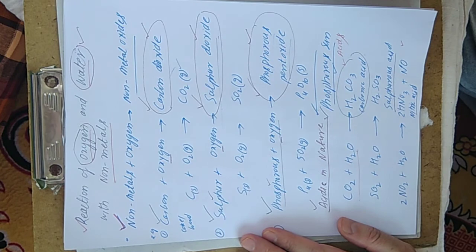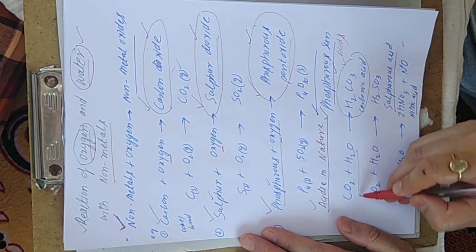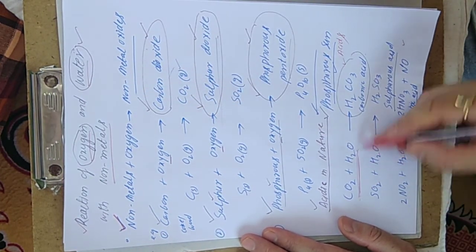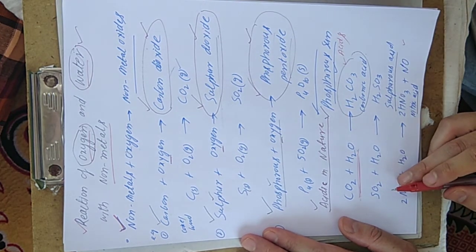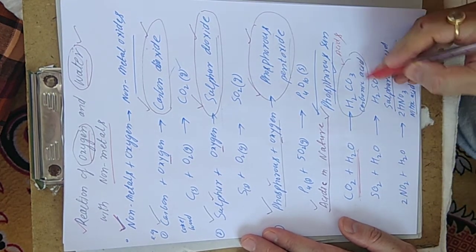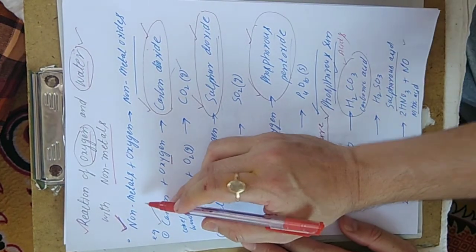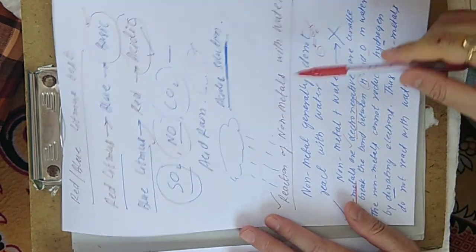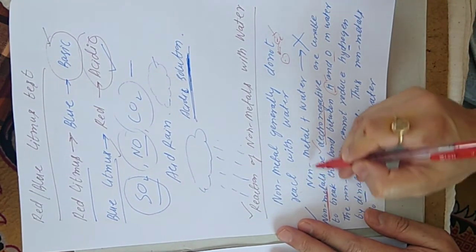And then we saw that these non-metal oxides, when they react with water, form acids. Then we saw the carbon dioxide example and sulfur dioxide example also, how they form carbonic acid, sulfurous acid, and nitric acid. So although non-metal oxides react with water, non-metals themselves don't react with water.